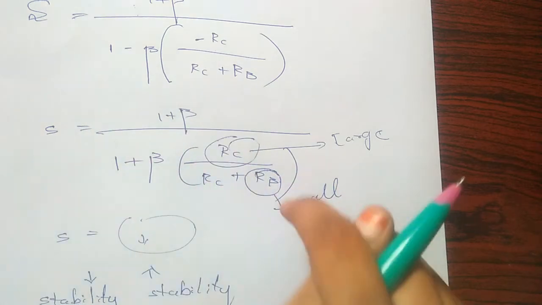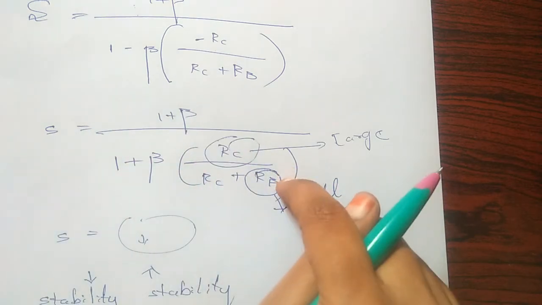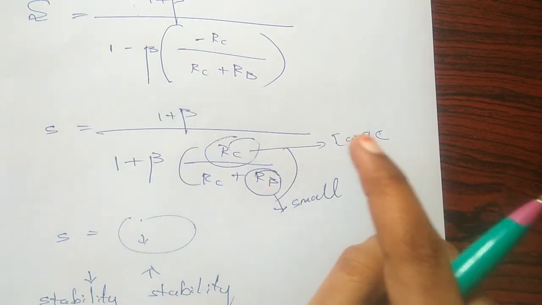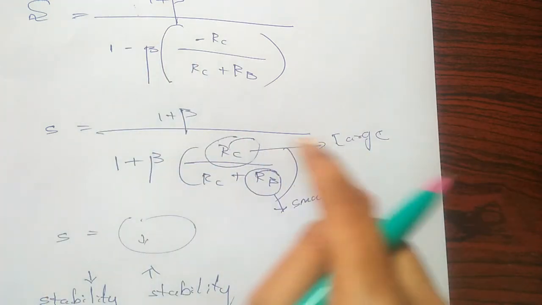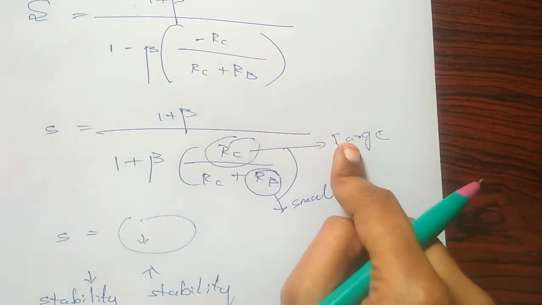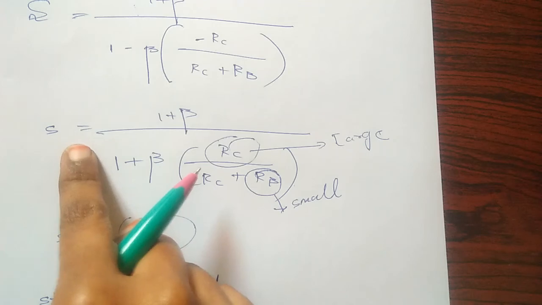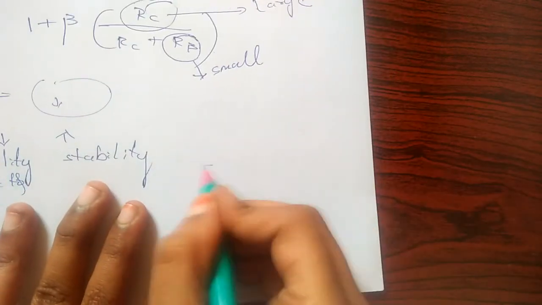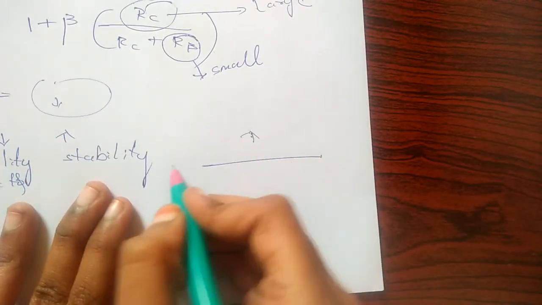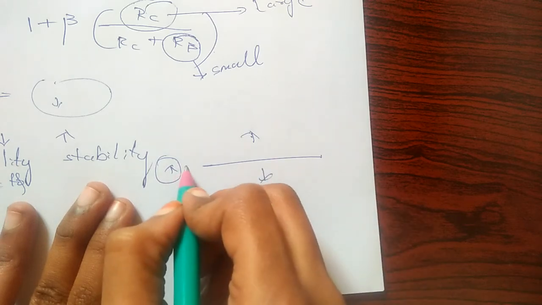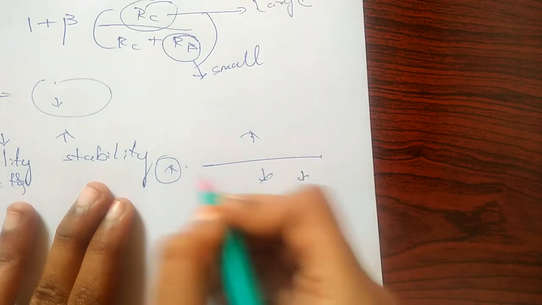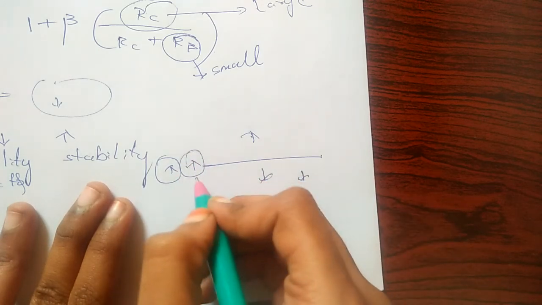With respect to s, it is a numerator. So if RB is small, then s can be small. In the numerator, if it is increased, then s will increase. If it is decreased, then s will decrease.